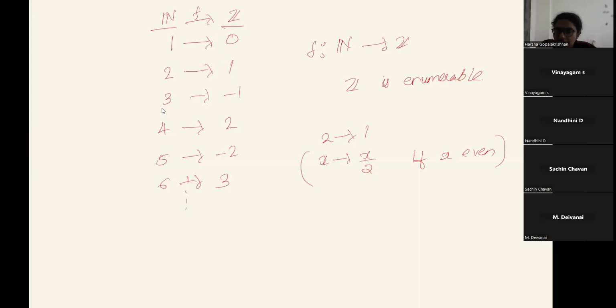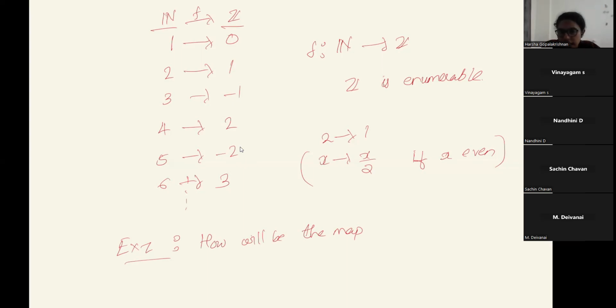In the same way, how are the odd natural numbers mapped to the negative integers? Just see. Okay, exercise. If you can explicitly define the map, then you can write the function as f of x equals x by 2 for x even, and f of x equals whatever explicit form you get for x odd.